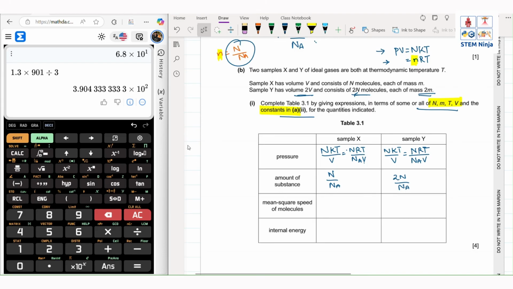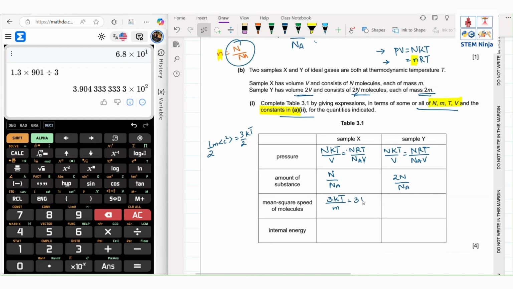Mean squared speed. Mean squared speed is coming from the translational kinetic energy, which is half mc squared equals 3 by 2 kT. So cancel out the 2s, take away the m on the other side. You have 3kT over m. Now, you could replace k again over here.